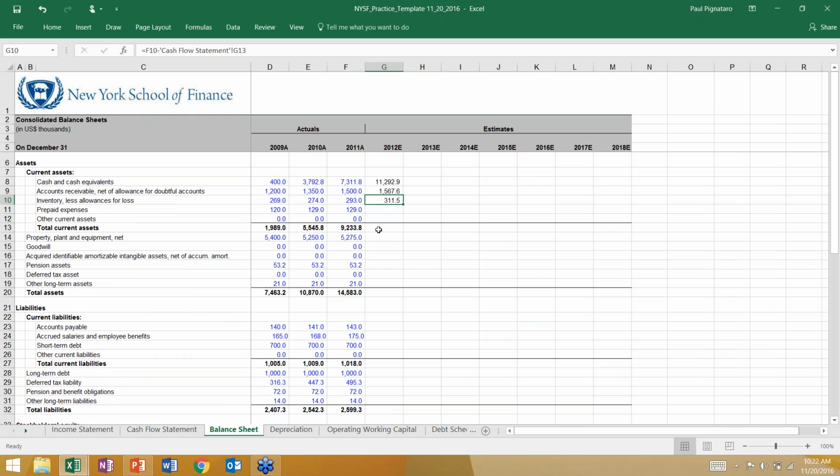And guess what? Look at the pattern here. You're going to start to see a pattern in the formula. The pattern of the formula is, it always starts with the balance sheet line item from the year before: equals F8, equals F9, equals F10. It's always the line item from the year before plus or minus the cash flow statement change.